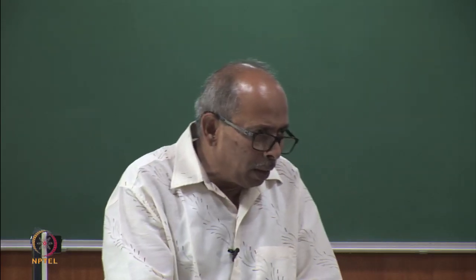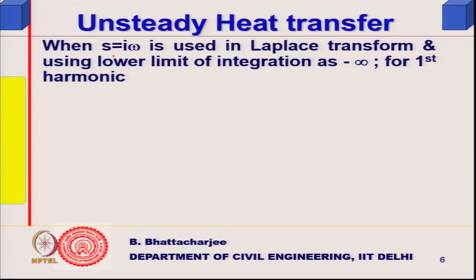The better one in the frequency domain comes when I replace S by i omega. i is the square root of minus 1, so imaginary, and omega is 2 pi f.